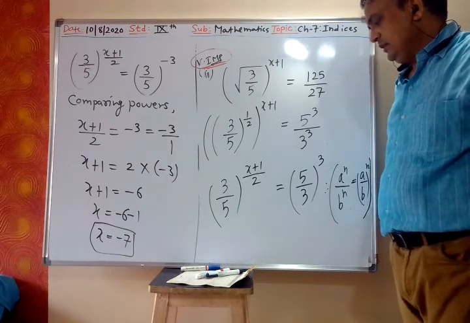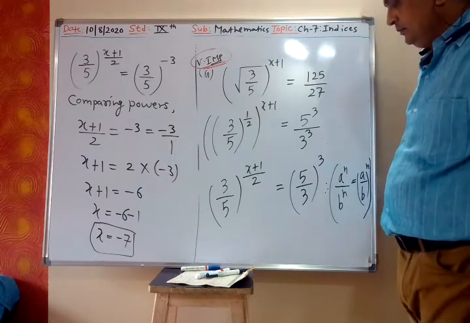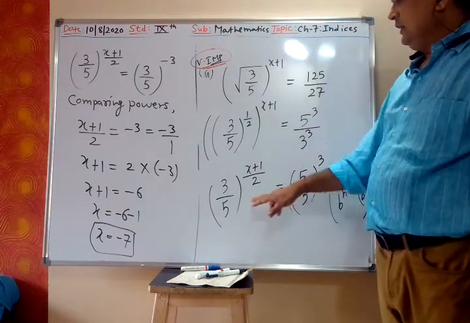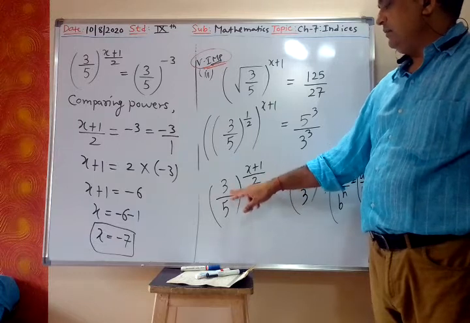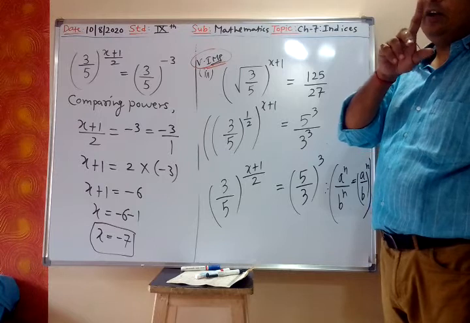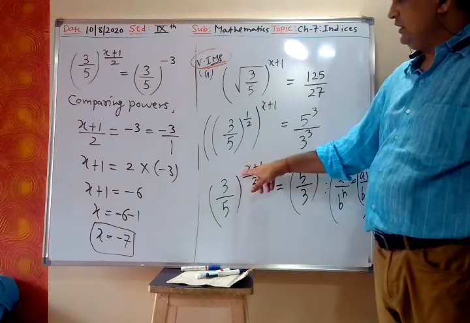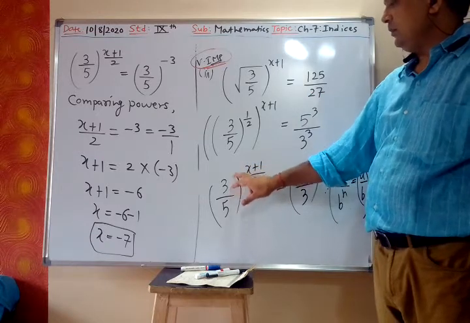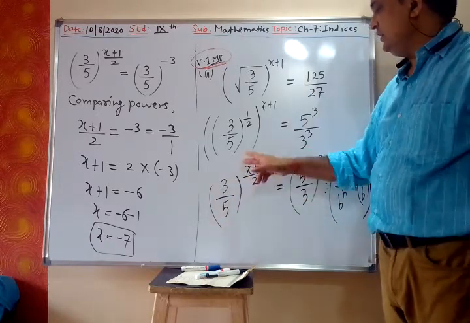Yes, you can do by another method also. You can take the reciprocal of LHS. Then it will be 5 by 3 raised to minus. See, you will not take the reciprocal of the power, you will only change the sign of the power, remember. When you take the reciprocal of the term inside, you change the sign of the power.